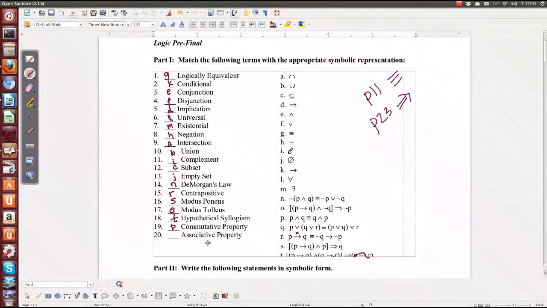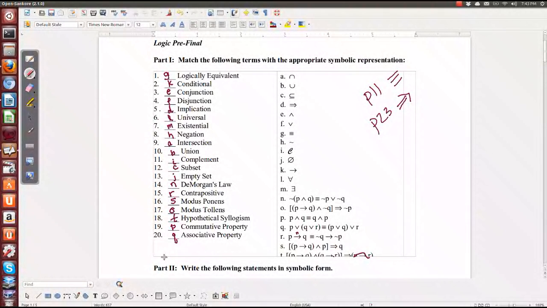We also have this associative property in that it doesn't matter in which order we do things first. I can do the last two disjunctions or the first two disjunctions. For conjunctions and disjunctions, the order doesn't matter how we group them either. And that's why choice Q is the associative property.